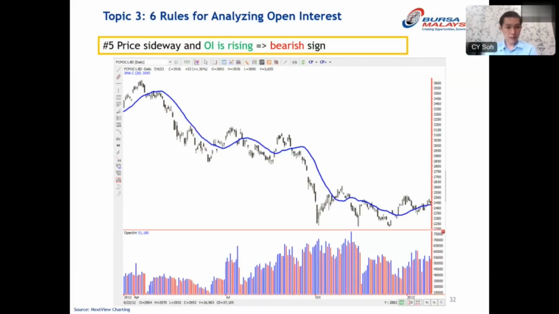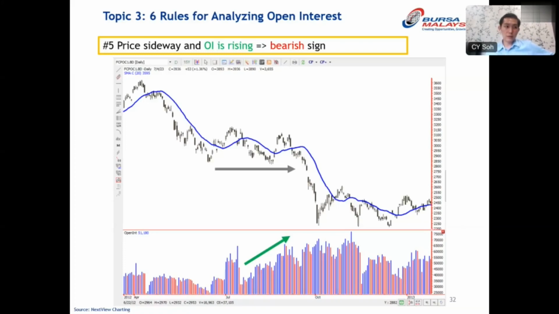So rule number 5: when price goes sideways and open interest is rising, it means a bearish sign. Here you can see during a sideways, open interest is actually rising, and this is a bearish sign.